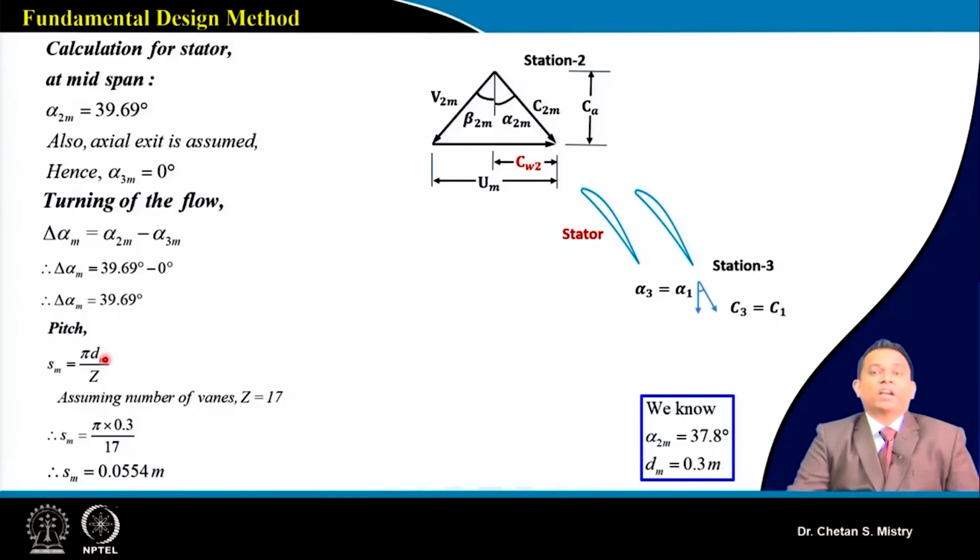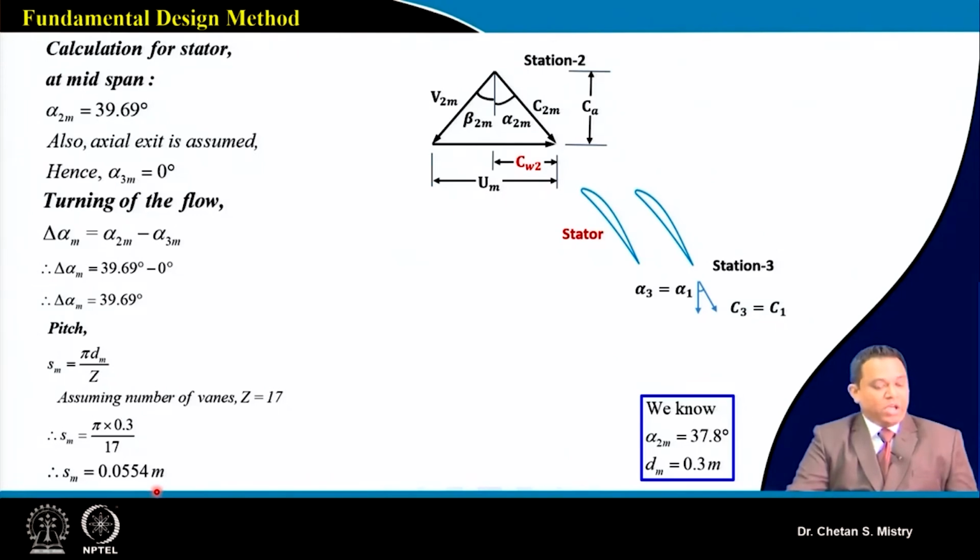Now our next target is to calculate our diffusion factor, and we calculate that based on my pitch and chord. We are basically calculating our solidity. Here my pitch is calculated at the mid station, so we take the diameter at the mid station carefully, and the number of blades we have taken as 17. That gives me my pitch to be 0.055 meter.